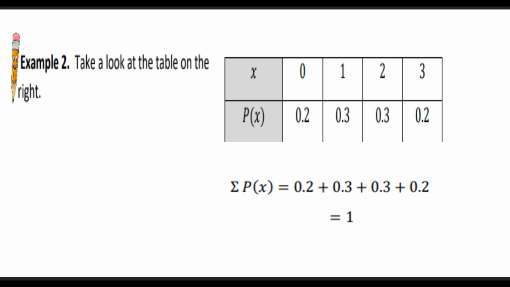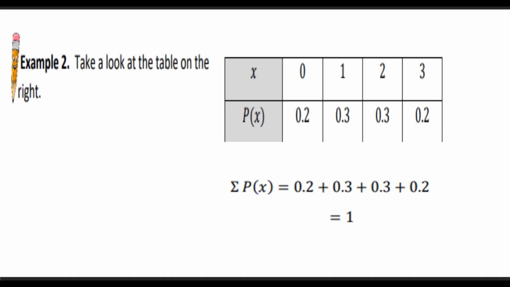Now, take note that the probability of X satisfies property A, wherein 0.2 is between 0 and 1, 0.3 is also between 0 and 1, 0.3 is also between 0 and 1, and 0.2 is also between 0 and 1, meaning property letter A of the discrete probability distribution is satisfied.